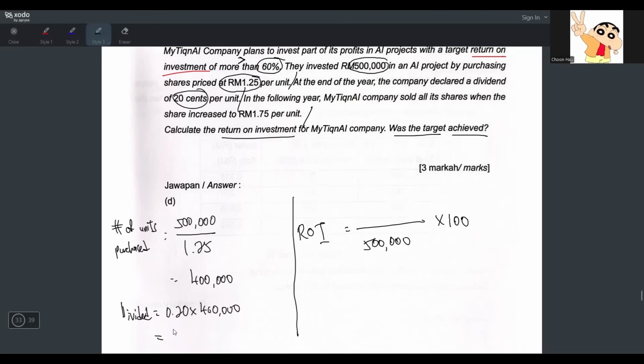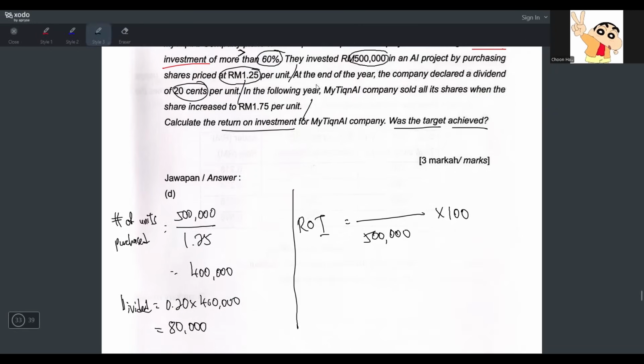You get 80,000. This is a return, or you can say a profit.